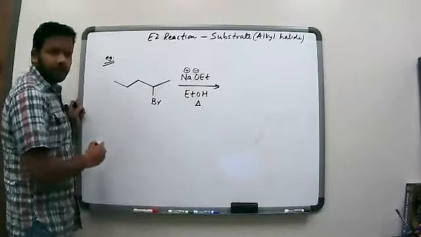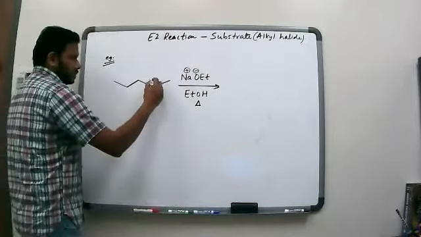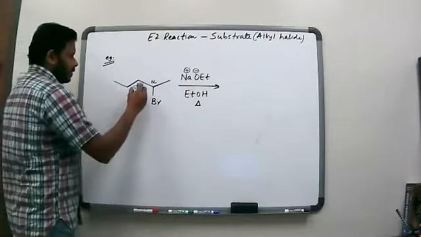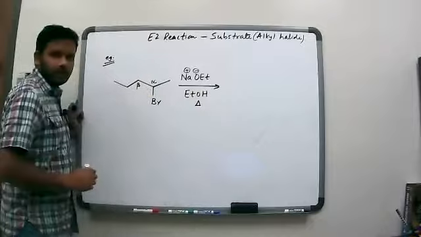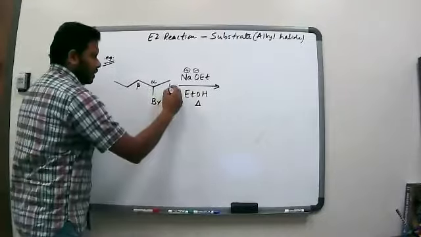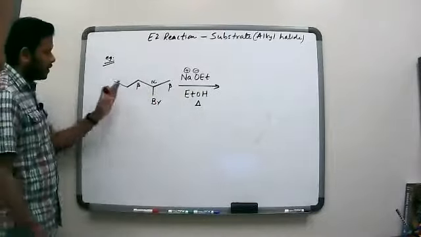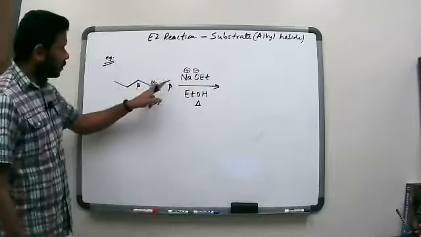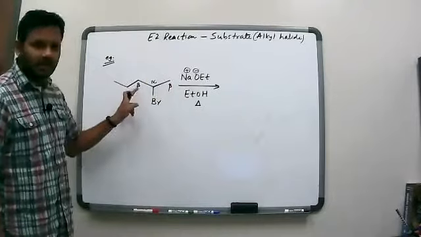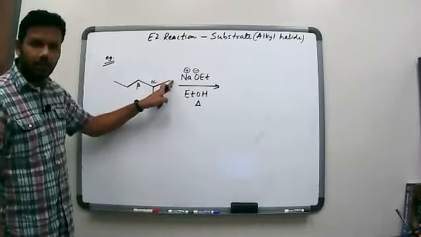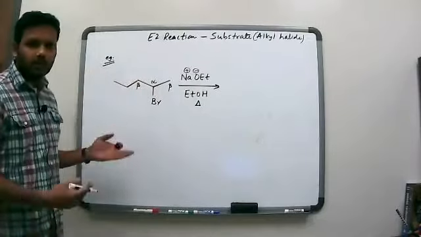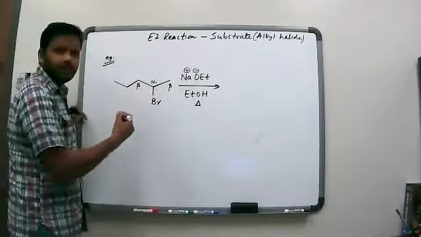So for this particular case, this is our alpha carbon, and now we have beta here, and we have beta on this side. So we have a beta carbon on the left side, we have a beta carbon on the right side. Notice how they are not identical, because this beta carbon is a methyl group, this beta carbon is a CH2, which is again connected to more carbon. So they're not identical.